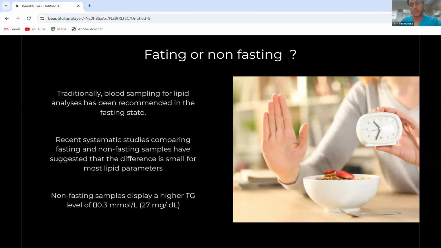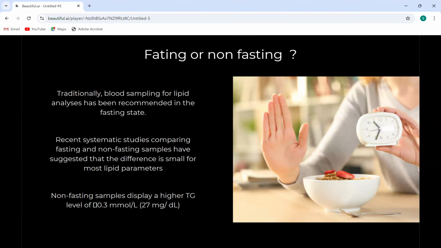Non-fasting lipids: traditionally, when you advise a patient, you say you have to fast for 12 hours. That is what we normally tell most of these patients. But it doesn't always have to be that, because some recent systematic studies comparing fasting and non-fasting samples have shown no significant difference in LDL levels.